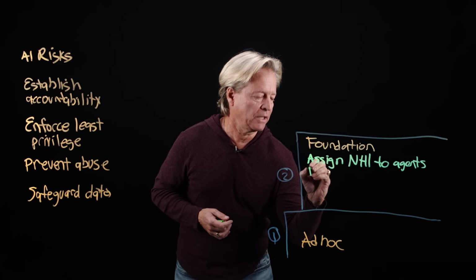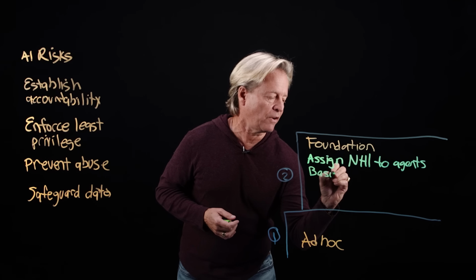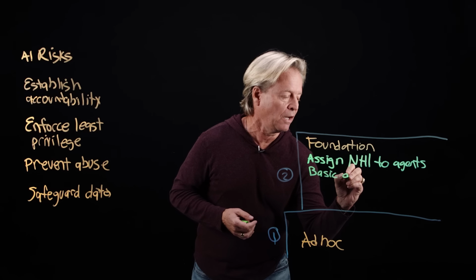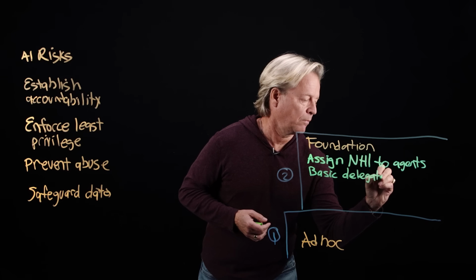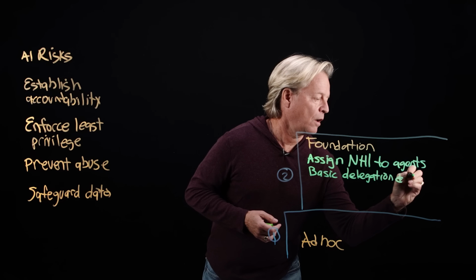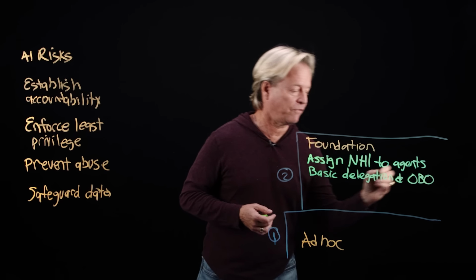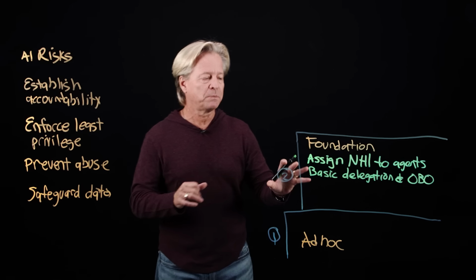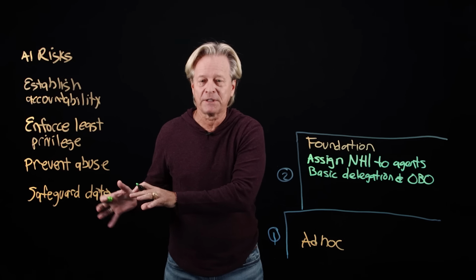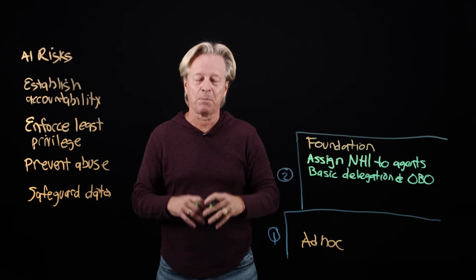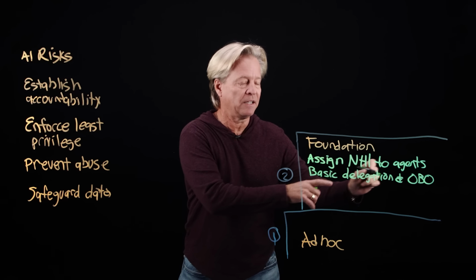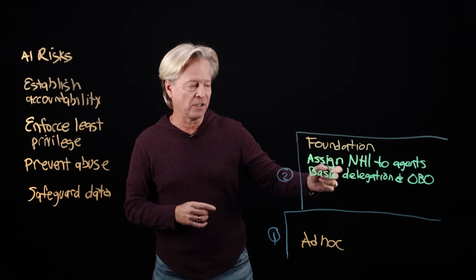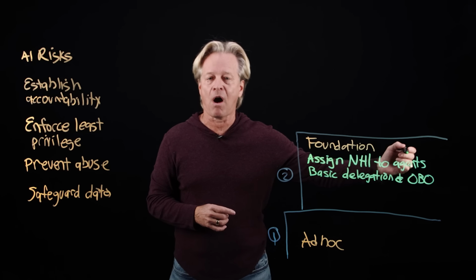Once we have that in place, the next thing we really need to do at the foundational level is have basic delegation and on behalf of. In other words, what we want to do is make sure that whoever the user is at the very front of our agentic system that's prompting and trying to accomplish something, that we can delegate that to an agentic system and the agent will work on behalf of that user.